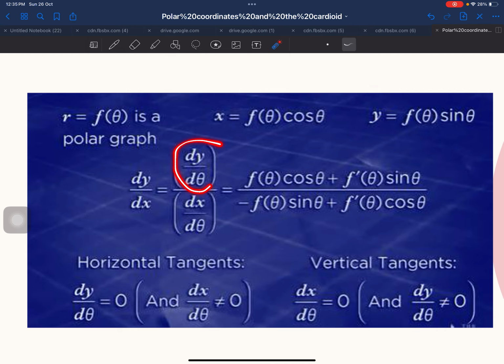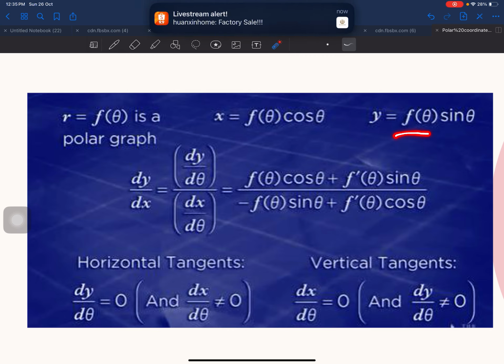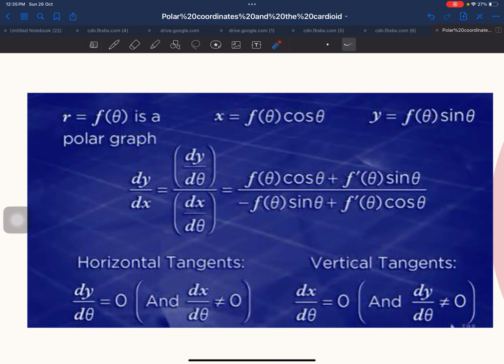Okay, so this is the derivative of y with respect to theta. The first times the derivative of sine, which is cosine, plus the second, sine theta, times the derivative of the first. All over, the denominator is the derivative of x with respect to theta.